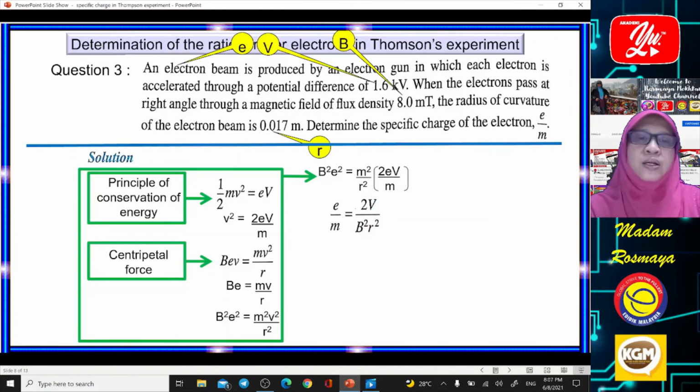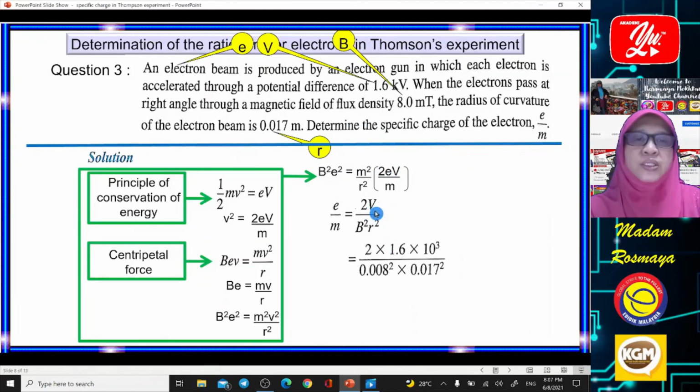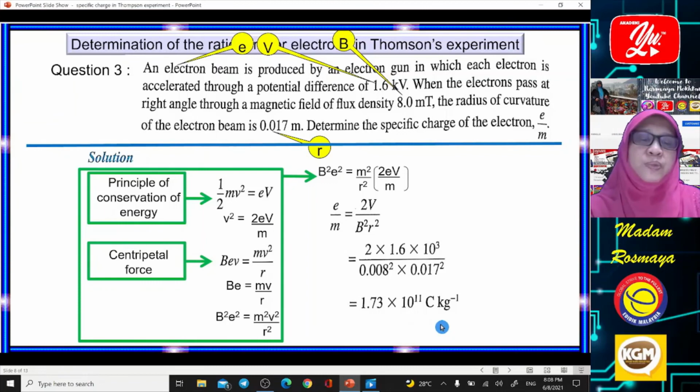Now all these values are given, so we can substitute into the equation here. V is 1.6 kilovolt, convert to volt, and B is 8 millitesla, so convert to Tesla, and the radius is 0.017. So we get specific charge equals to 1.73 times 10 to the power of 11 coulomb per kilogram. So this is the answer for this question.